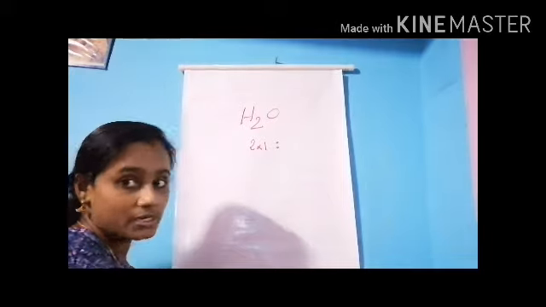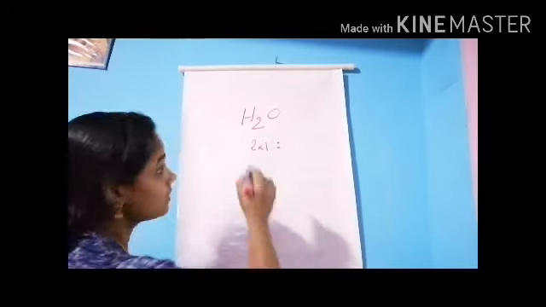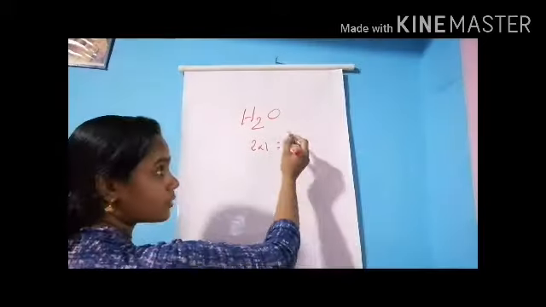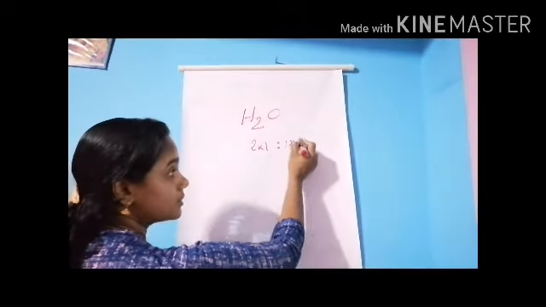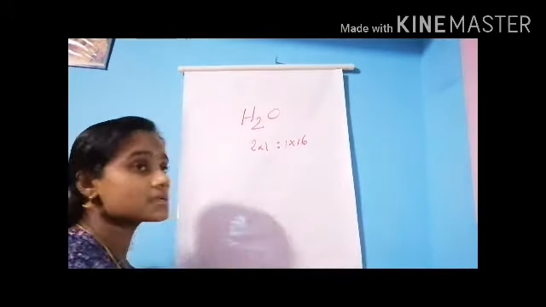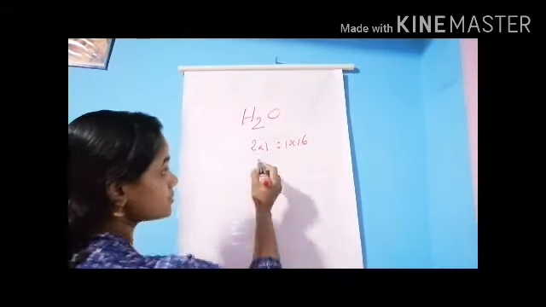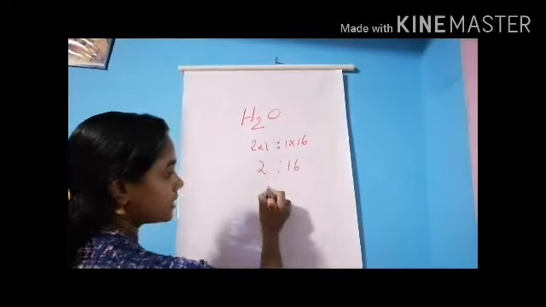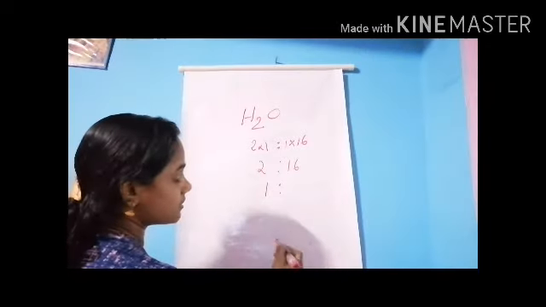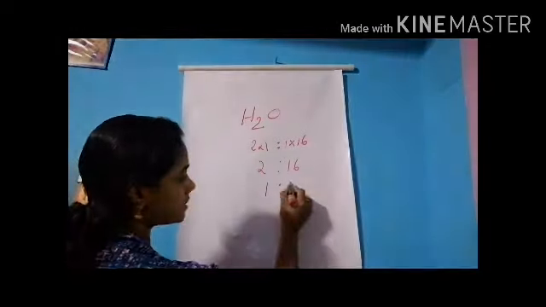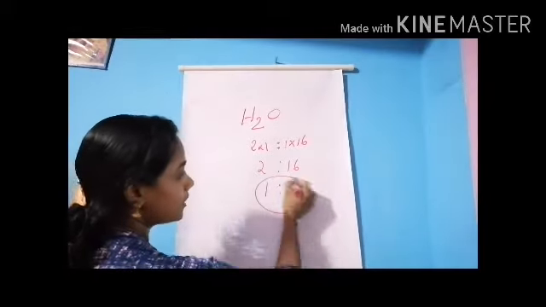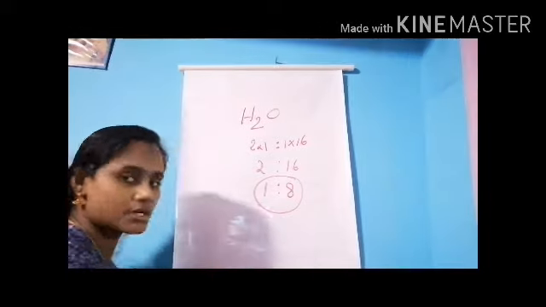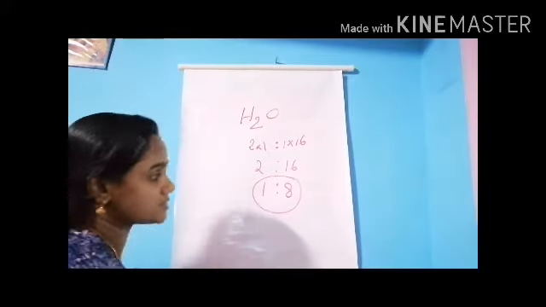There is 1 oxygen with atomic mass 16. So the ratio of 2 to 16 is 1:8. In water, the definite proportion by mass is 1:8.